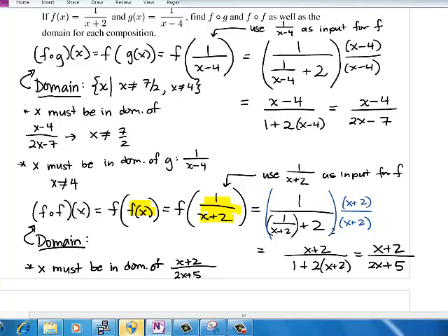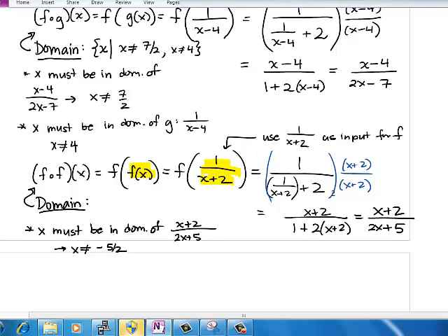Which means x can't be negative 5/2. And then, in addition to that, x must be in the domain of the inside function, which is f. And f was 1 over x plus 2.